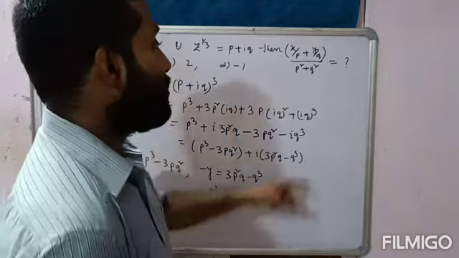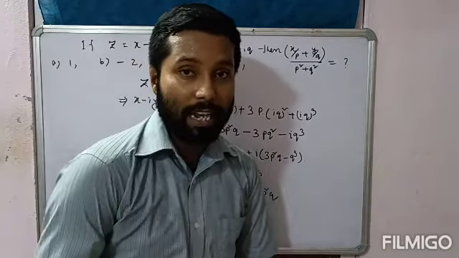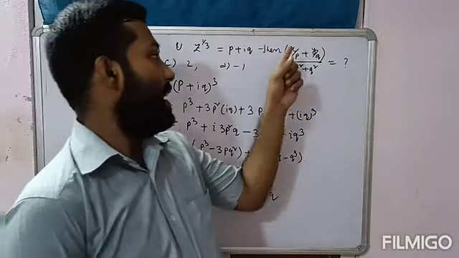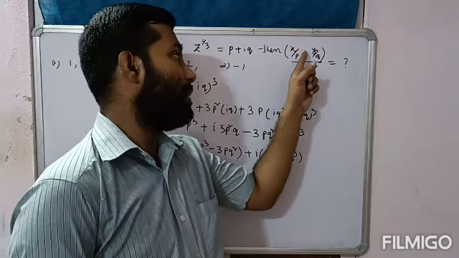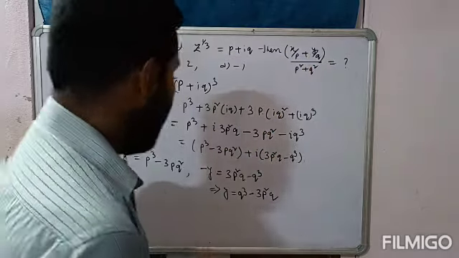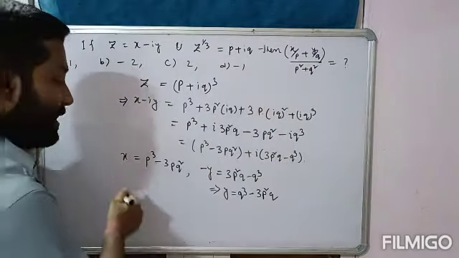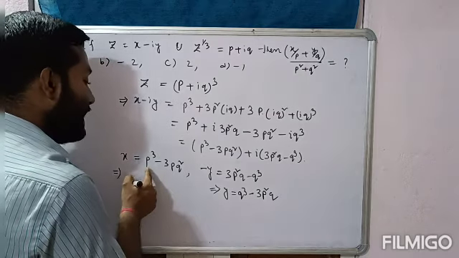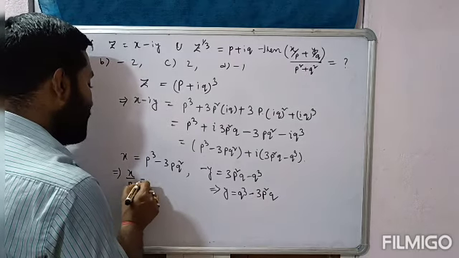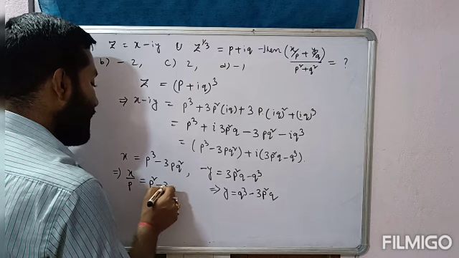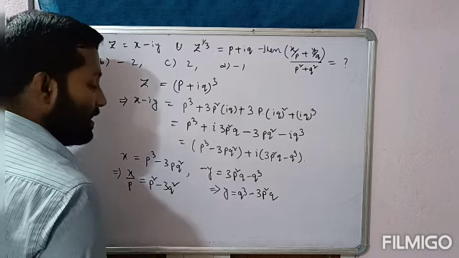चलो यहाँ पे जो एक्सप्रेशन का वैल्यू फाइंड आउट करना है, look at the expression properly. Look at the numerator only: x by p plus y by q is there. So we know the value of x. From here, if I take p common, then we can write x by p is equal to p square minus 3q square.